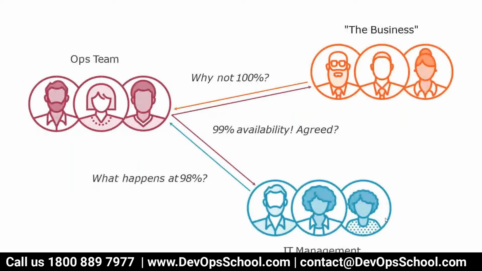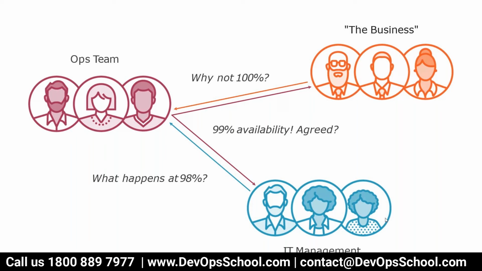Okay, so now you should be very careful when you set up an SLA and SLO. Okay, you should be very careful. So here, if you look at this business, what is the business asking the ops team? Hey, give me 100% reliability.